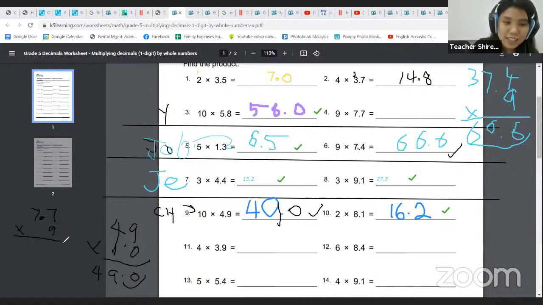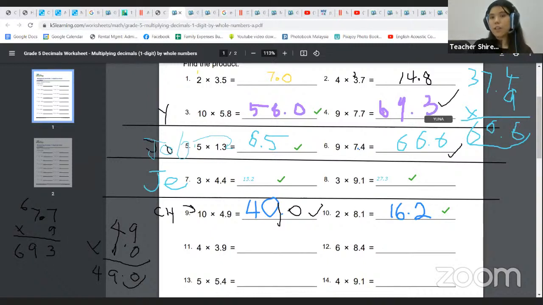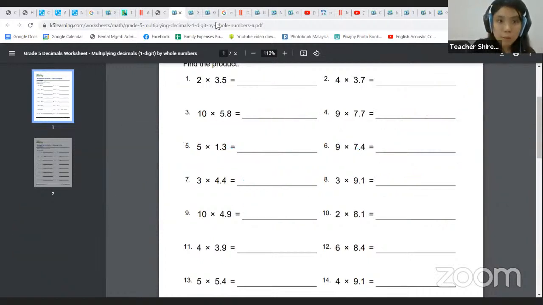Okay, 7 times 9, 63. 7 times 9, 63 plus 6, 69. Good. So one decimal. Good. Got it. Okay, so if this is not a problem, we go a little bit harder.